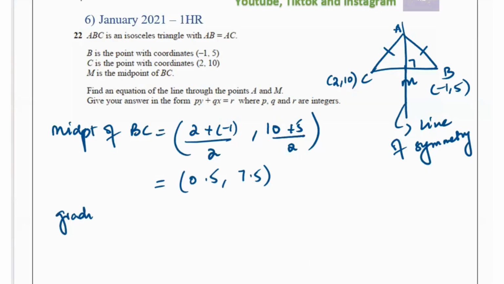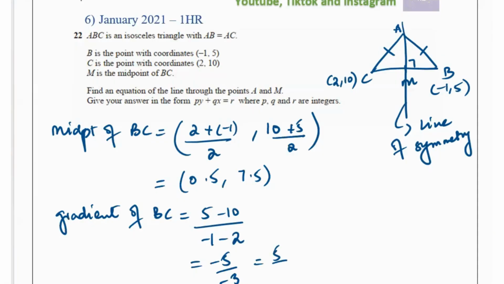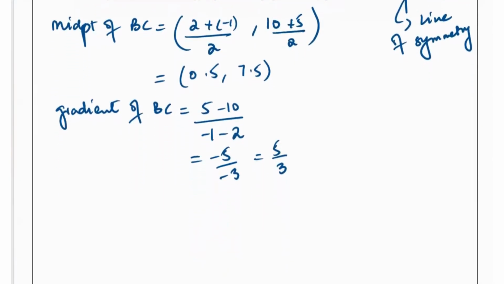So gradient of BC, y2 minus y1 over x2 minus x1. So that's 5 minus 10 over negative 1 minus 2. That's negative 5 over negative 3, which becomes positive 5 over 3. Now, like we discussed previously, the product of the two gradients will equal negative 1 if the lines are perpendicular, which means 5 over 3 times m2 equals negative 1, and m2 is going to be negative 3 over 5.